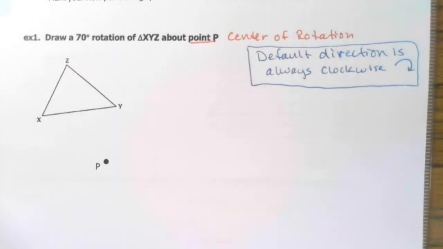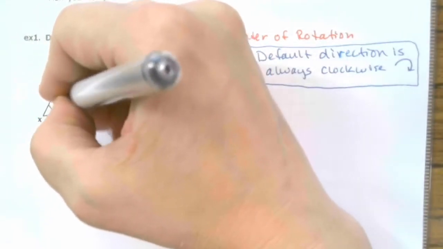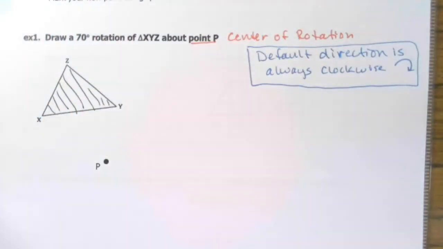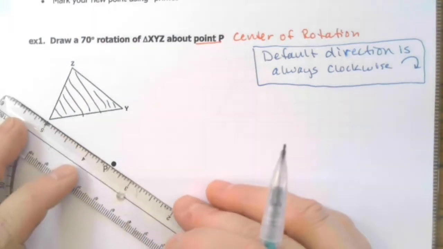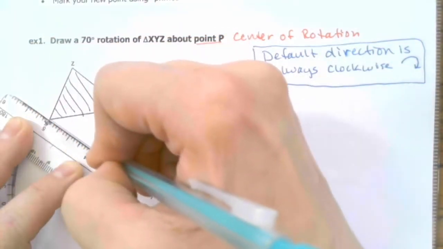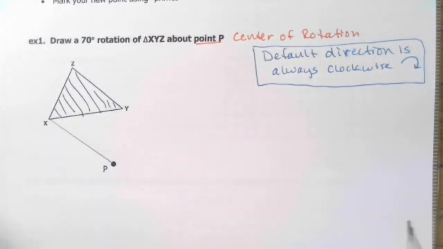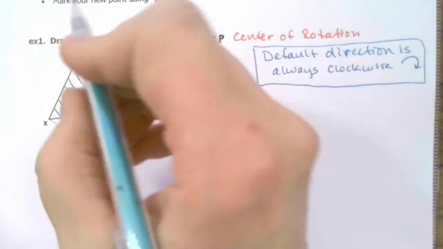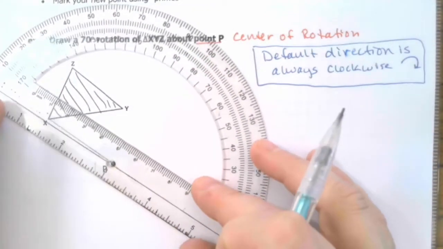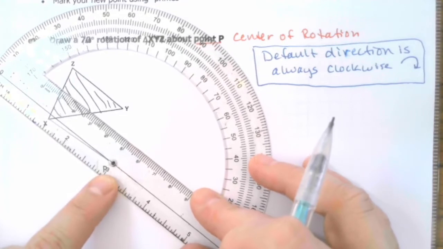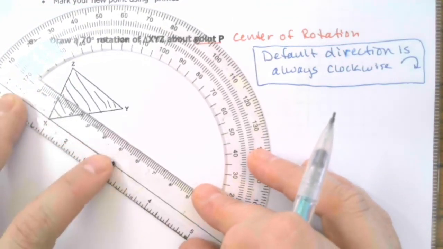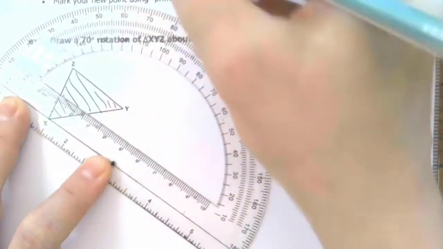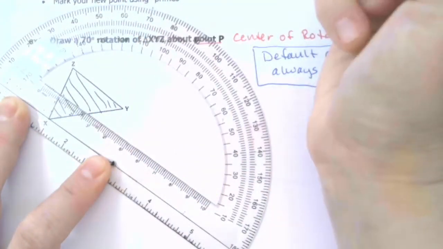Okay, so let's start with X, and I'm going to use a pencil. This is our original figure. I'm going to use a pencil so that we can see the figure versus the lines. And this does get a little messy, and that's okay. So draw a line from X to the point of rotation. Now I need to go 70 degrees clockwise, so I'm going this way. So I'm going to line up my protractor so the hole is on the center of rotation. Line up your baseline with the line we just drew. My 0 is on the outside, and I'm going to make a mark at the 70.